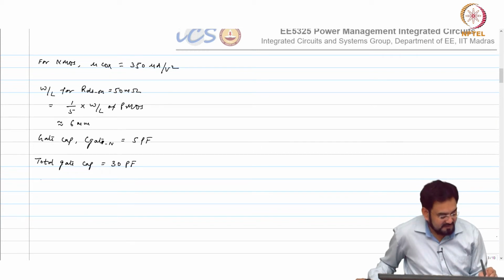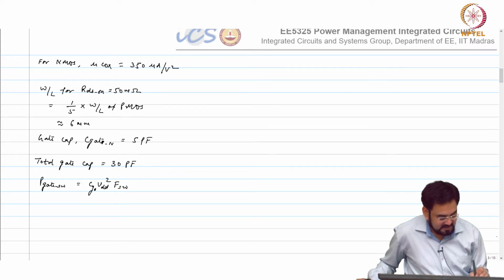So, CV square F. So, P gate switching loss is C VDD square FSW.